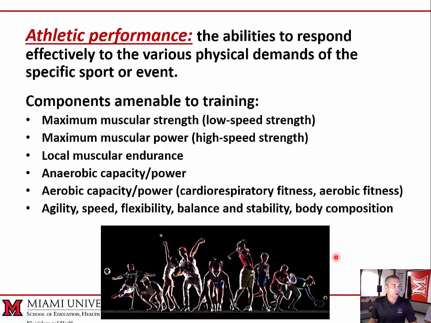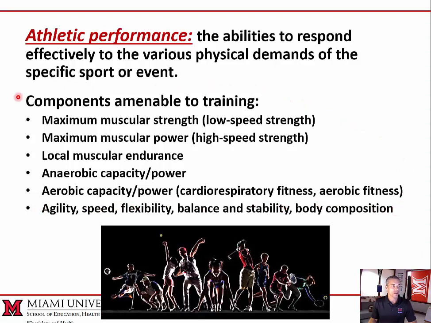So there are a number of components of athletic performance that are amenable to training. We're going to talk about each one of these individually in the next video, including maximal muscular strength, maximal muscular power, local muscular endurance, anaerobic capacity or power, aerobic capacity or power, and then finally a little bit about agility, speed, flexibility, balance and stability, as well as body composition.